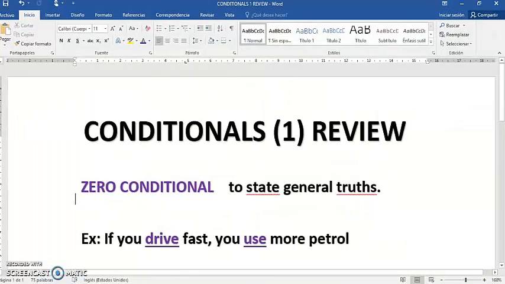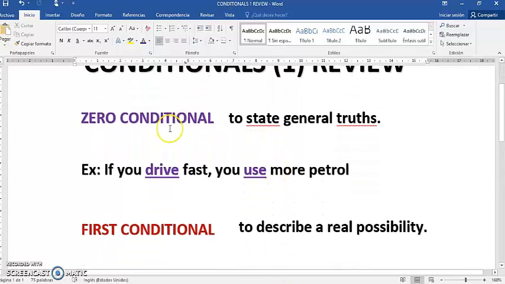This is the document that I am going to use in this class. This is a general review. As you can see here, we have the 0 conditional, which is used to state general truths. And here you have an example. As we are in the class, I am going to provide more examples for you.